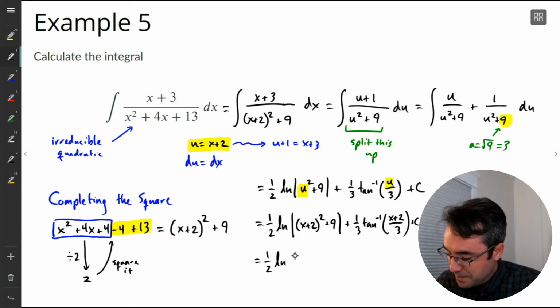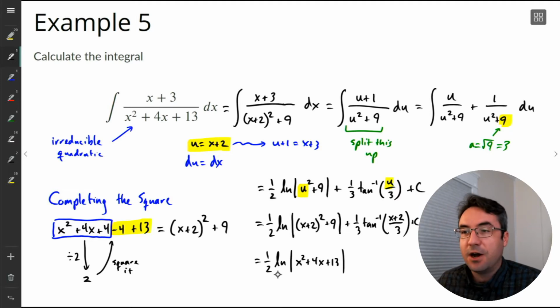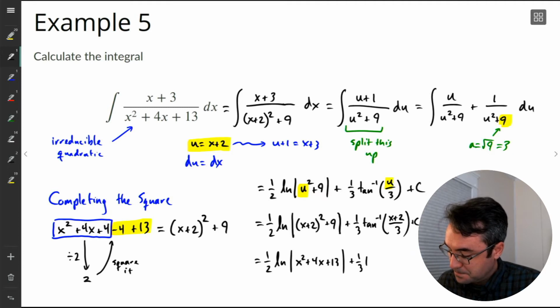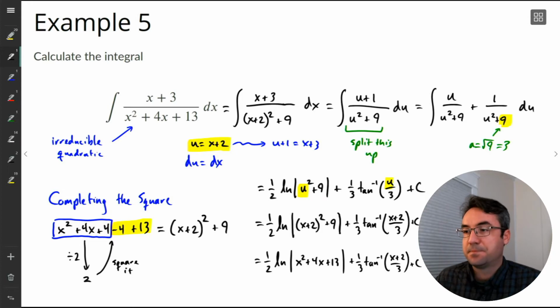So we could rewrite this as the absolute value of x squared plus 4x plus 13 all inside our log function, and then everything else is just going to stay the same. And there we go. We have our antiderivative.